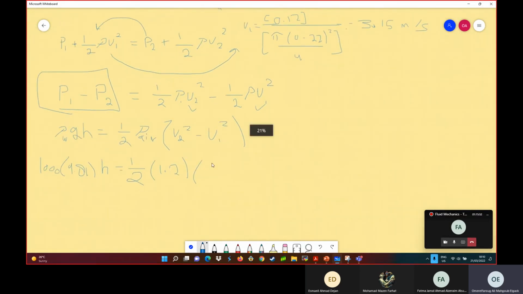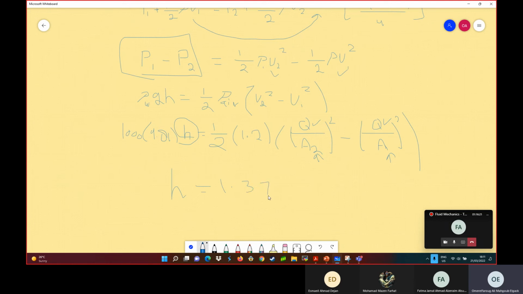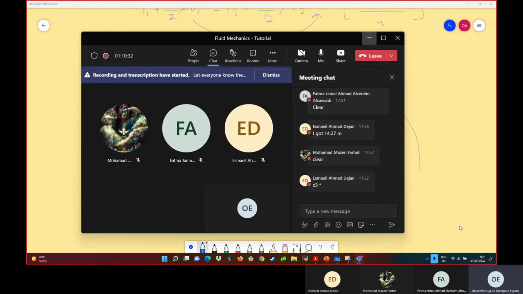Just substitute Q, the volumetric flow rate that is given, divided by A2 squared, minus the volumetric flow rate divided by A1 squared. You have Q in the question, which is 120 liters per second, and you have the diameters. You can find the areas, and you have one unknown in the question. Find h, which is equal to 1.37 centimeter. Clear?